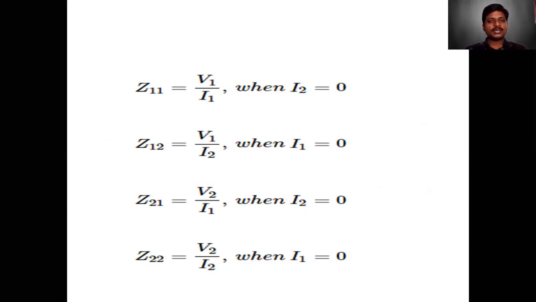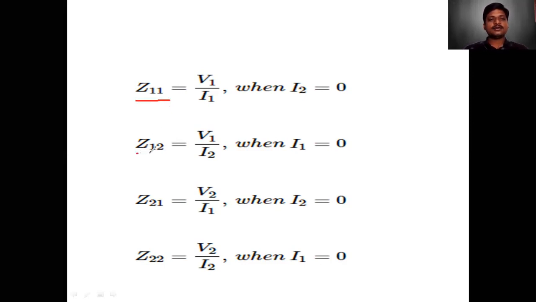When the input port is open circuited and voltage is applied across the output port, then you will get Z12 as well as Z22. So you have four types of parameters in Z parameters. They are Z11, Z12, Z21 and Z22. Z11 has a name: it is input driving point impedance.